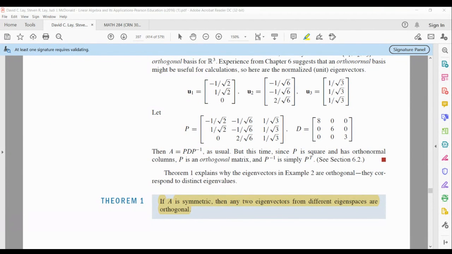And of course that means linearly independent, right? So if you have a symmetric matrix, any two eigenvectors from different eigenspaces are orthogonal. And we saw that in the little example that we just looked at. Let's prove this.